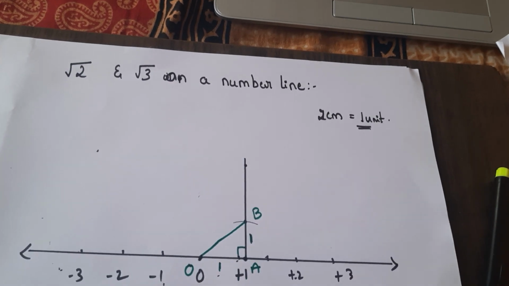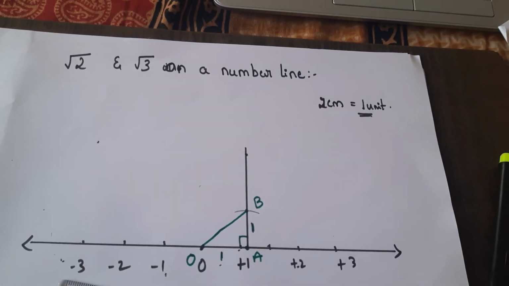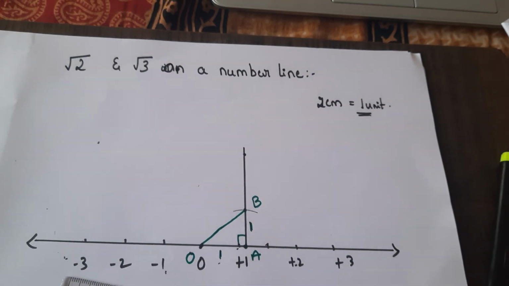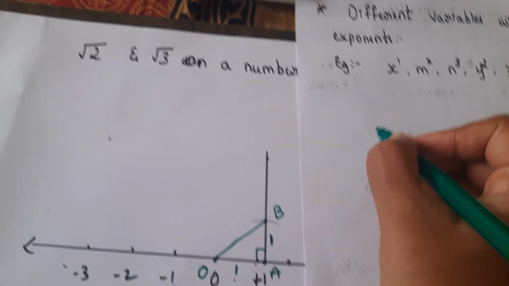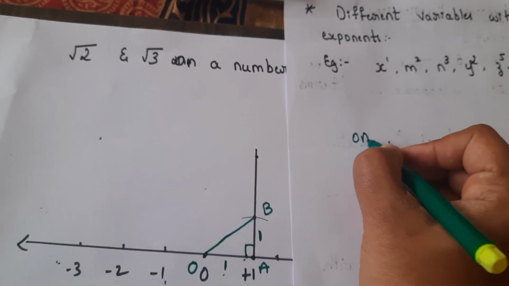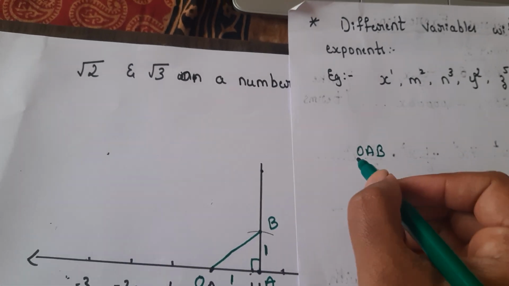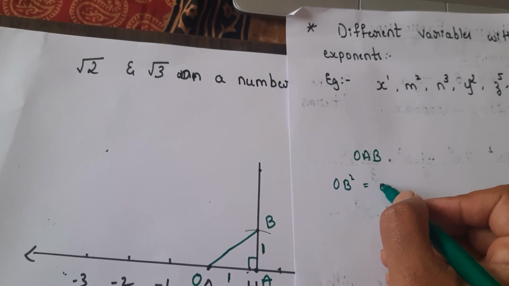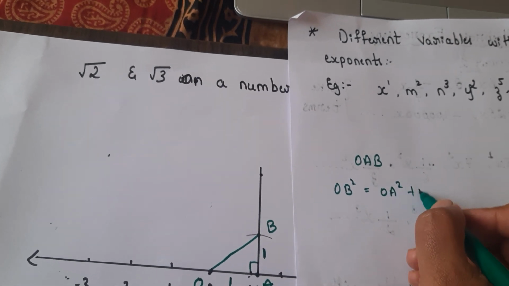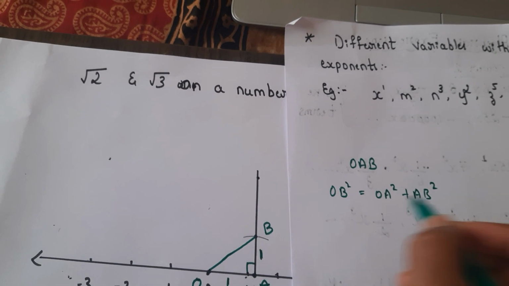What is OB? To find that, let us apply the Pythagoras theorem. I'll show you simultaneously here. Now, the right angle triangle is OAB. In that right angle triangle, hypotenuse OB square is equal to OA square plus AB square.